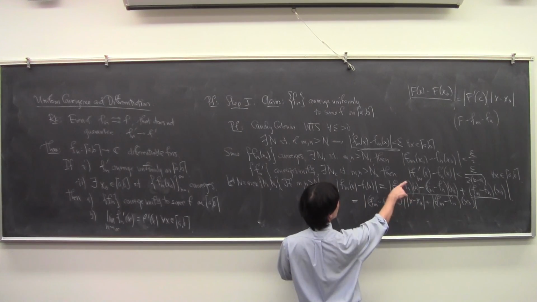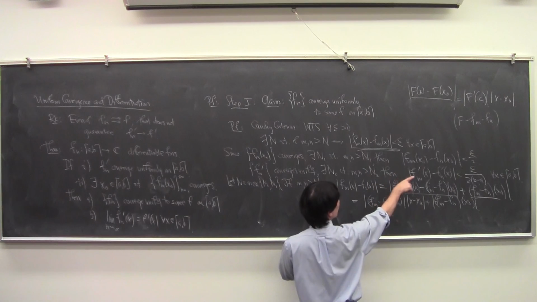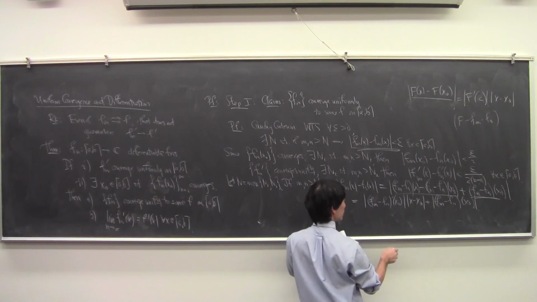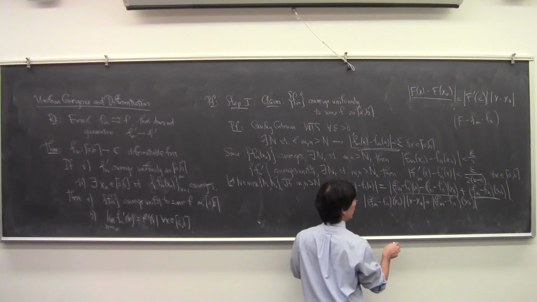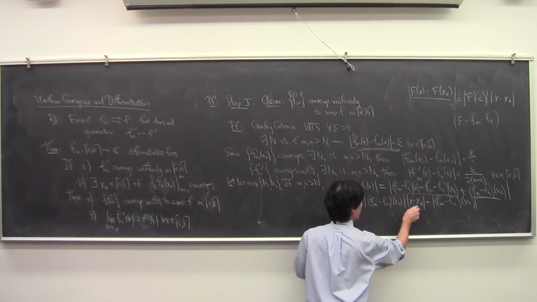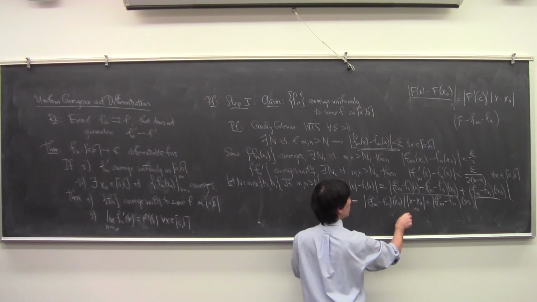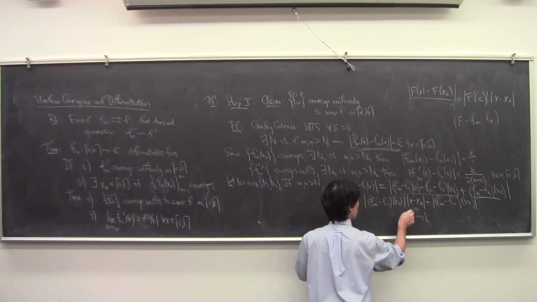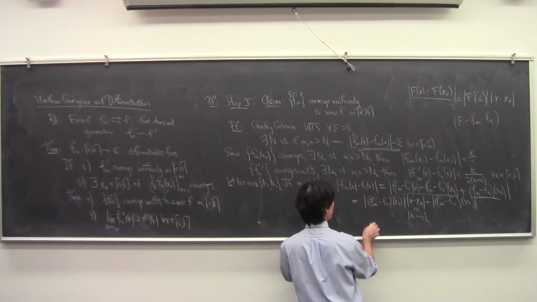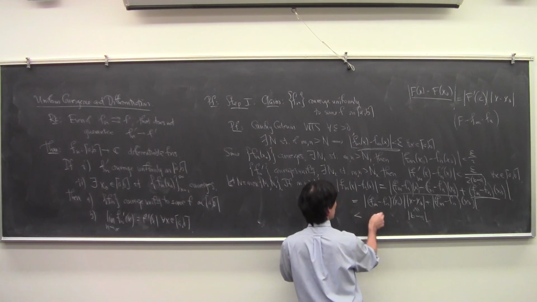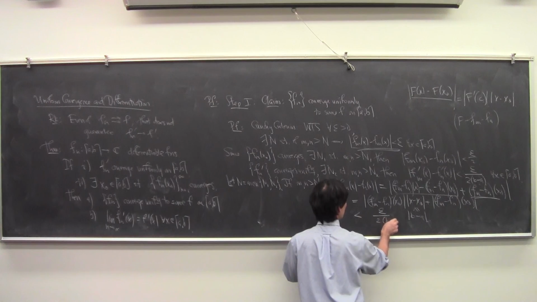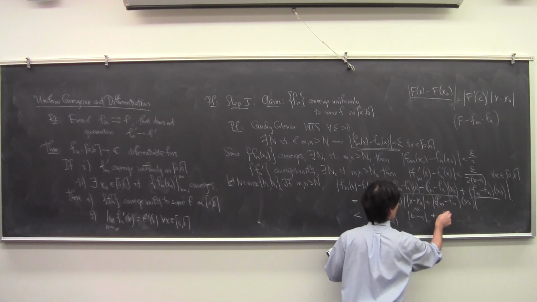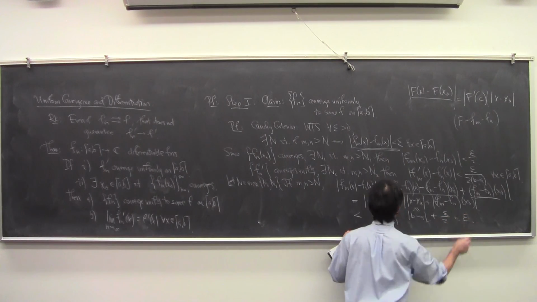But remember, we're past the time when this derivative difference is smaller than epsilon over 2 times (b minus a). And x and x0 both lie in [a,b], so x minus x0 is smaller than the distance between b and a. And so what we get is this is less than epsilon over 2 times the distance between b and a, and this other thing is smaller than epsilon over 2, and so we get epsilon.